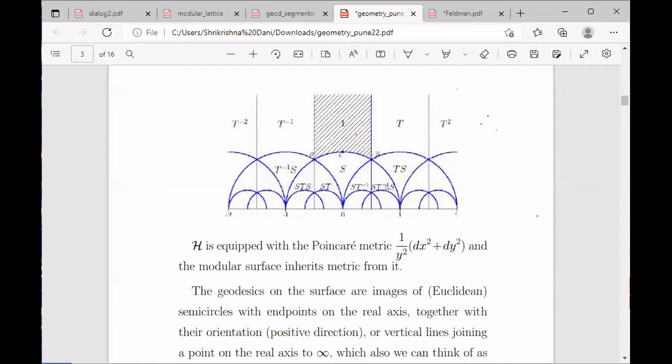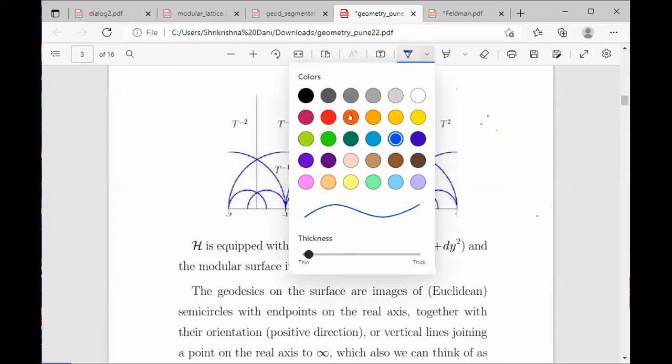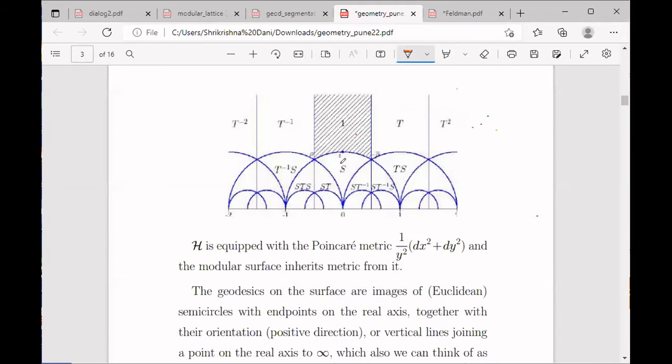And the geodesics on this, I'll not go into too much detail, but they are nothing but images of Euclidean semicircles. So first of all, geodesics on the upper half plane are going to be images of semicircles like this.